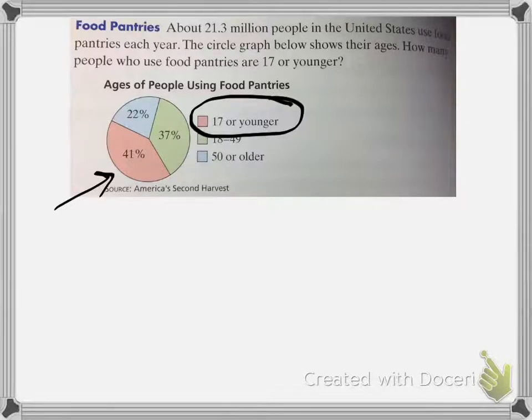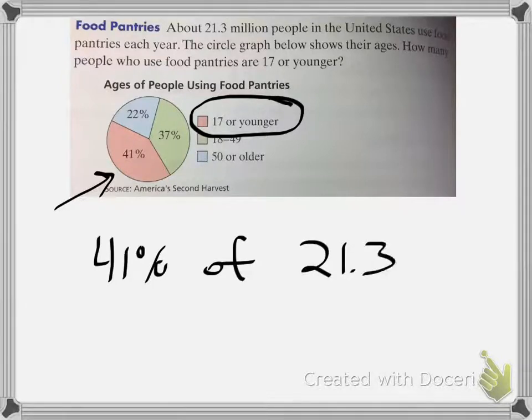So that is 41%. So 41% of the 21.3 million people in the United States that use food pantries each year are 17 or younger. So, if you actually want to figure out what that number is, you have to figure out what 41% of 21.3 million is.